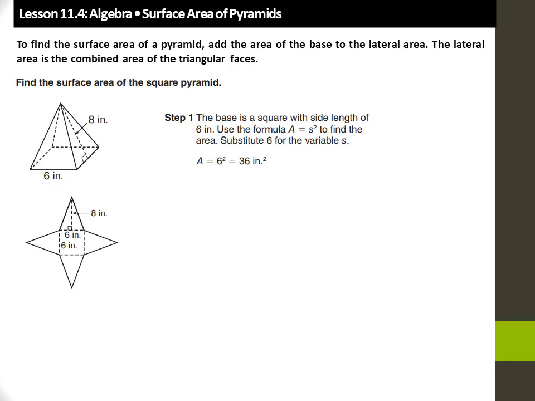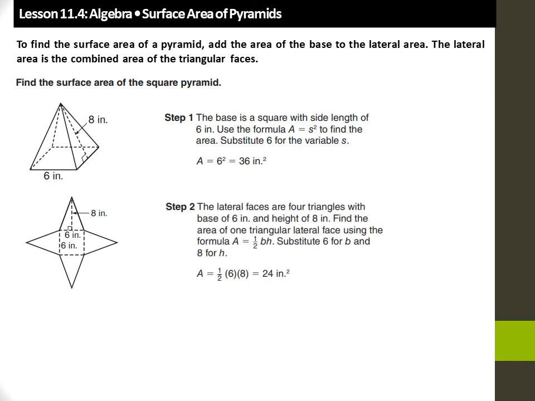Next, we need to find the area of each triangle. The area of a triangle is equal to base times height over 2. So we must multiply 8 by 6 and divide the answer by 2. The answer is 24 inches squared.